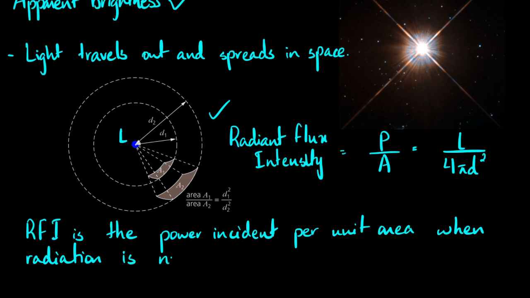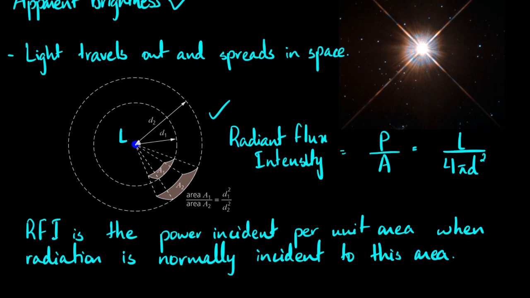This thing is important, normally incident. So what we simply do is take the luminosity, divide by 4 pi d square, where d is the distance from this luminous source, and we use this formula to find the radiant flux intensity.